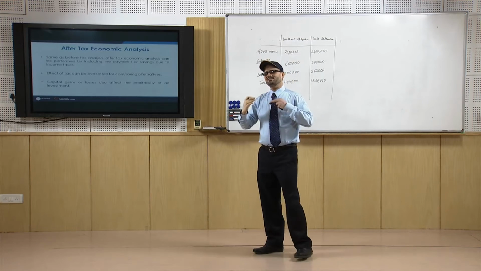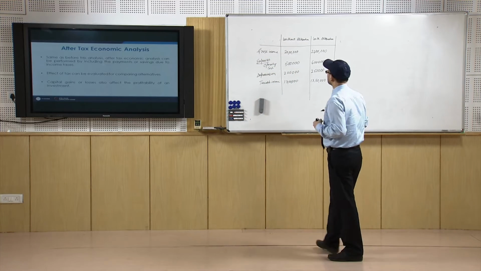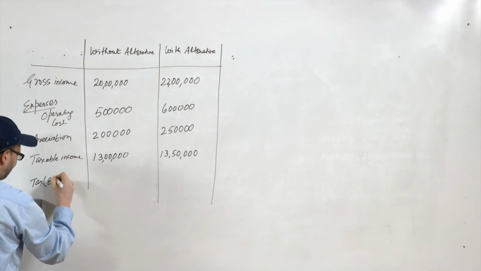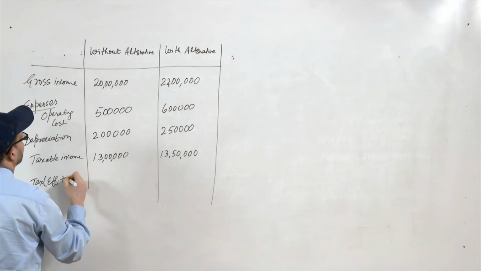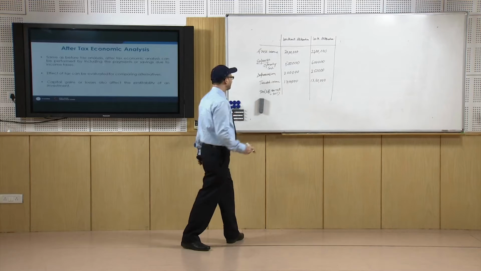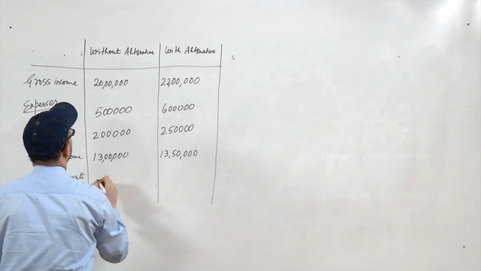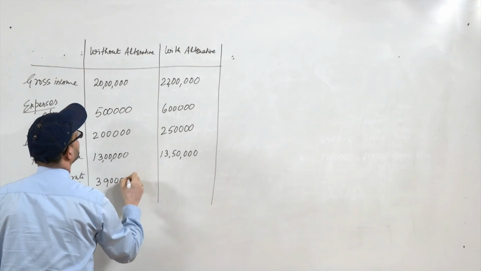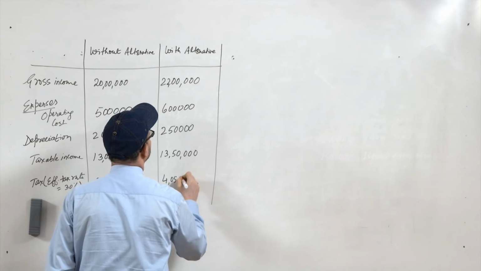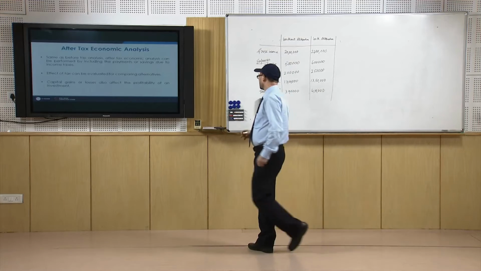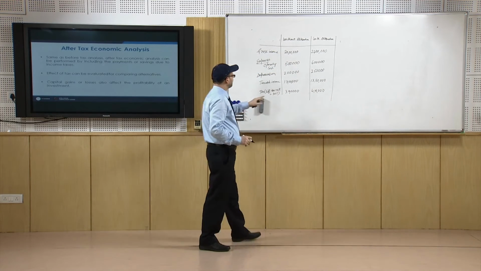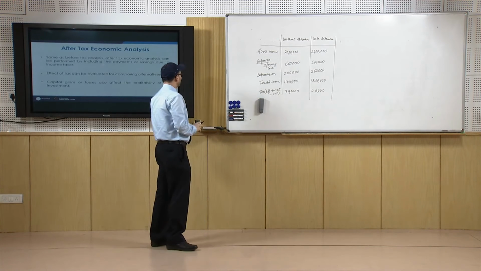Now, if the effective tax rate is taken as 30%, in that case the tax can be computed as 3,90,000 and this is computed as 4,05,000. So, now this was the gross income and this is the tax which is computed.